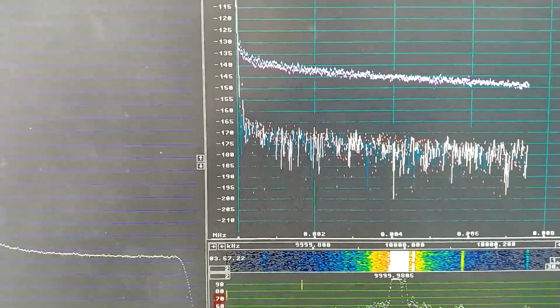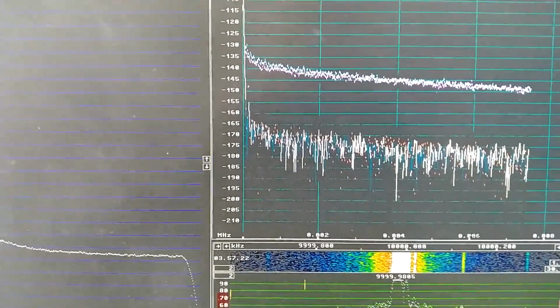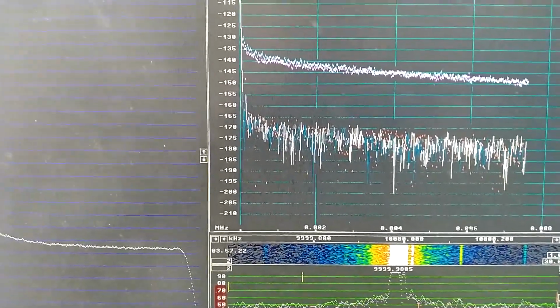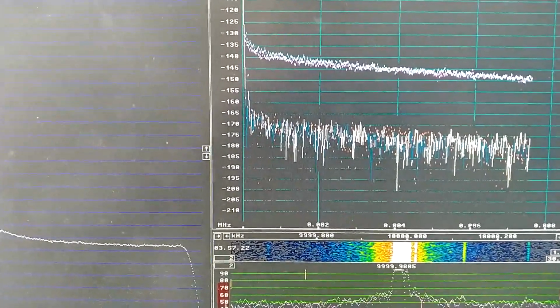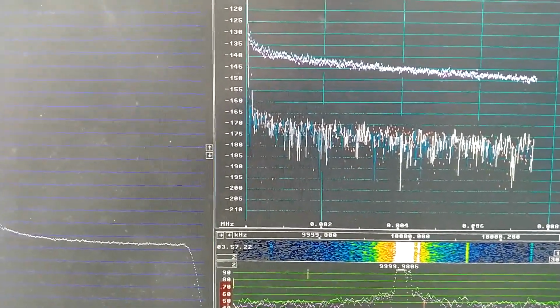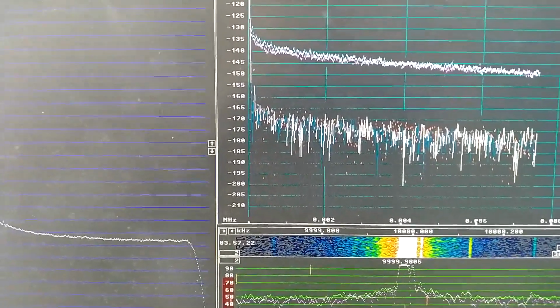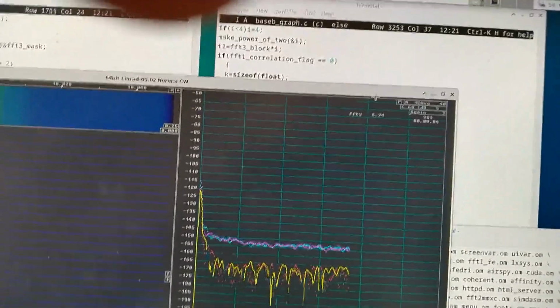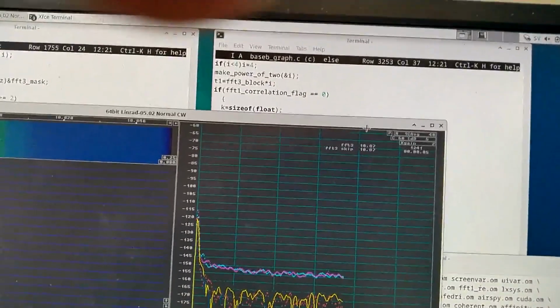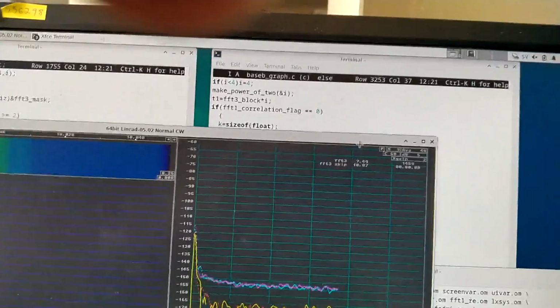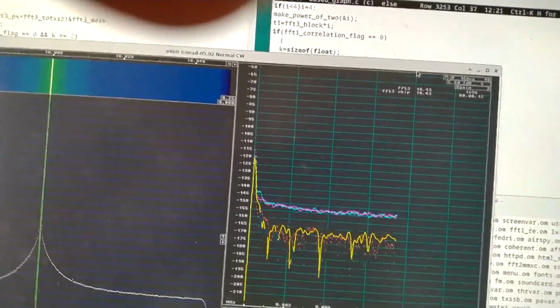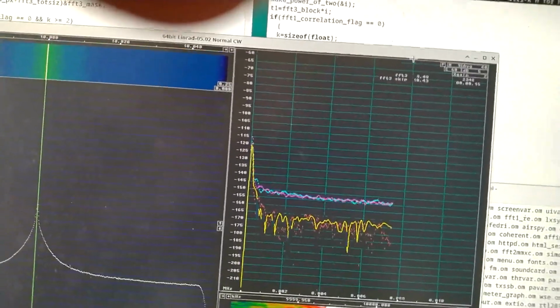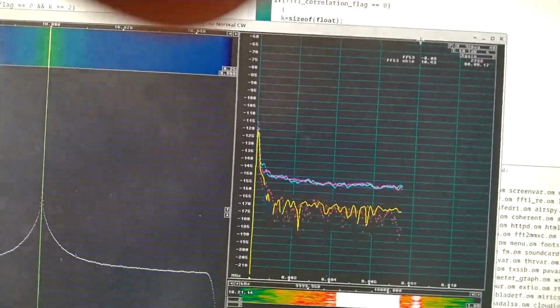So this oscillator is too good, and there will not be any possibility to use the amplitude noise to correct the phase noise because it's so low. I have reduced the transform size from 12 to 9 to make the collection of averages faster, at the expense, of course, of a much lower resolution.